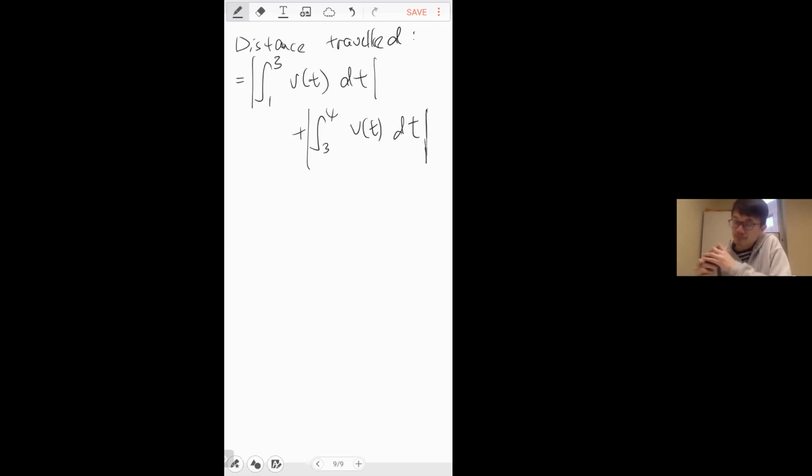Okay. And then just compute as usual. So again, one of them has to be negative, the other one positive, and I don't care which, so put absolute value for both of them. Questions?